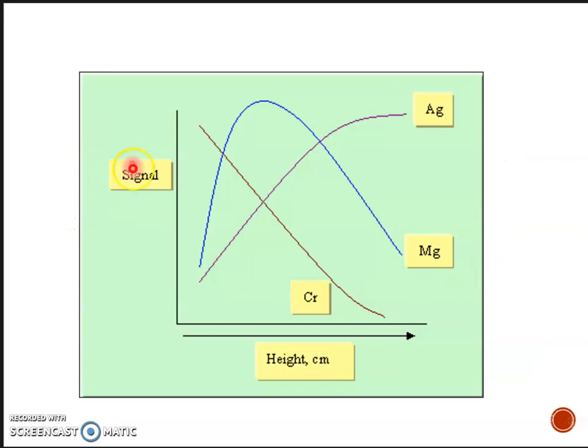Okay, this is the signal versus height of silver, magnesium and chromium. So the optimum is terlalu tinggi pun tak, terlalu rendah pun tak. Around here lah maybe. Kalau tinggi sangat nanti takut dah masuk secondary combustion zone dah.